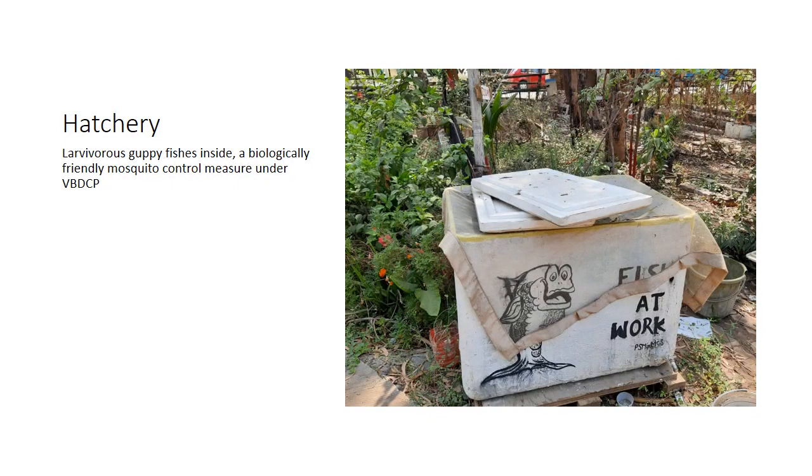You can see two tanks, fish tanks in our kitchen garden. These are called hatchery. It is very difficult to maintain these hatcheries. Gambusia fishes and guppy fishes are well-known larvivorous fishes.